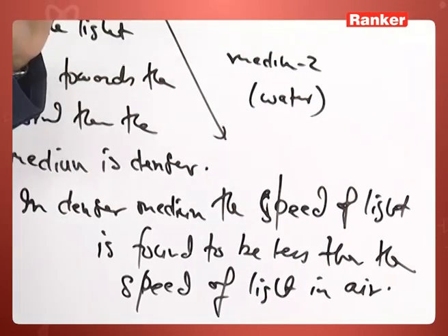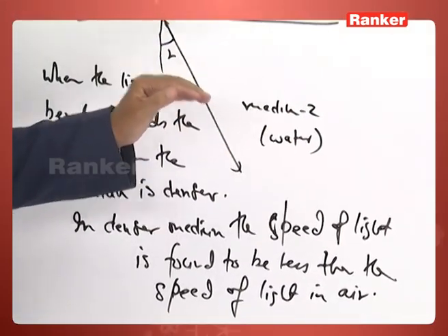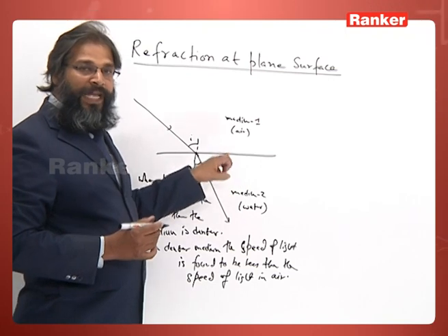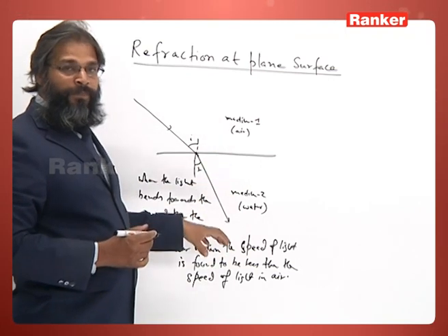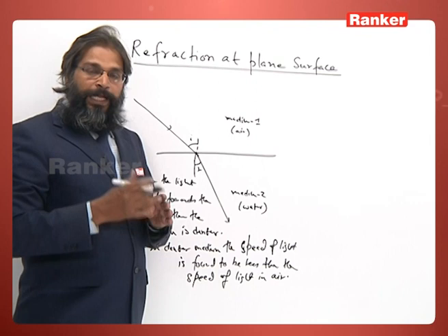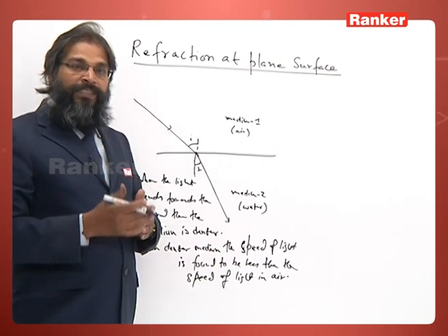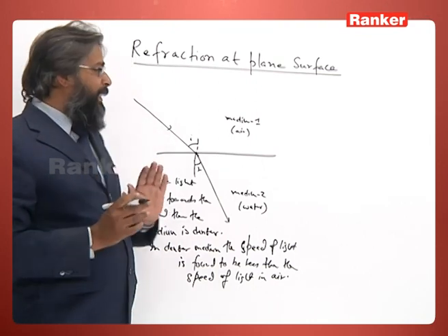So, optically denser medium means where the speed of light or any wave is reduced. For a wave, a medium is denser, that means the speed of that wave is reduced in that medium.